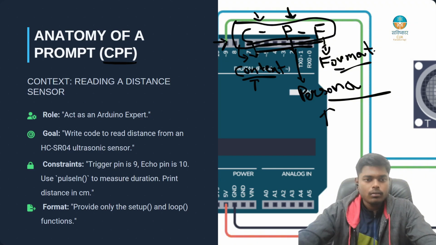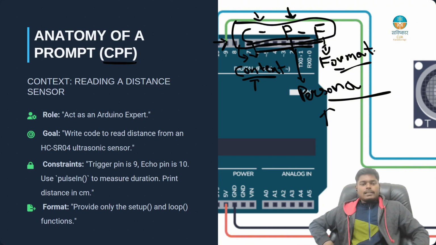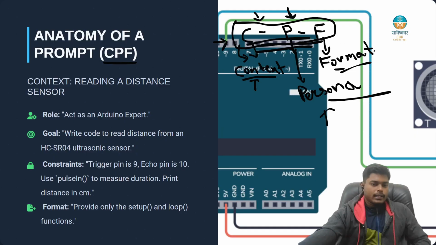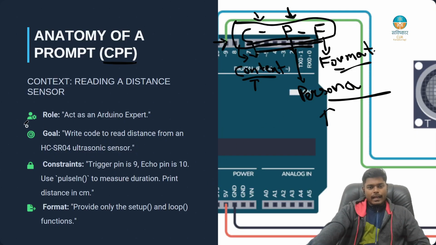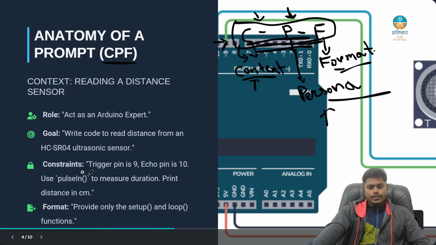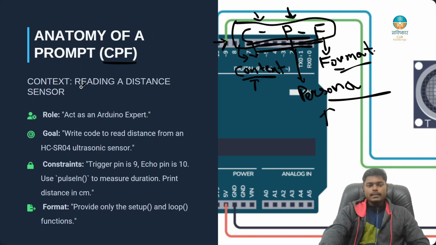Right? Now, here I'm having one example. I have used the CPF and I will just show you with the example. So the context is reading a distance sensor. The first thing is context, and this is my context.